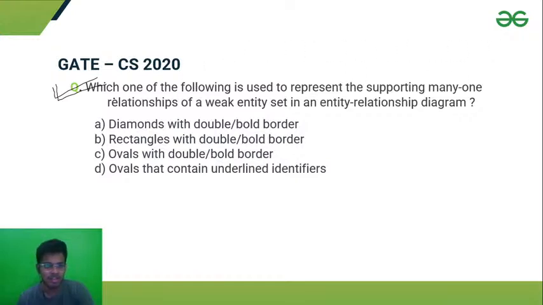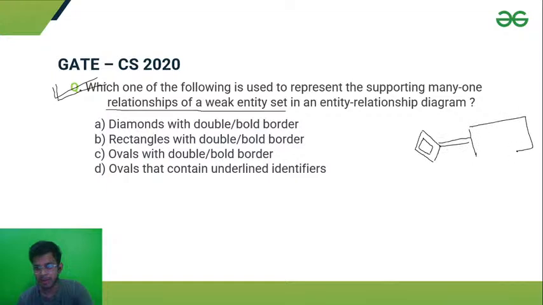The question says: which one of the following is used to represent the supporting many-one relationship of a weak entity set in an entity relationship diagram? As I have shown you, it's asking about the shape of the relationship of a weak entity set. The shape of the weak relationship is a diamond with double border, right? Where it has the total participation.